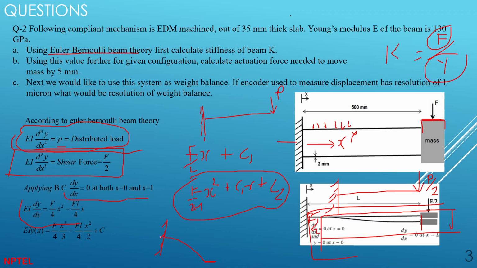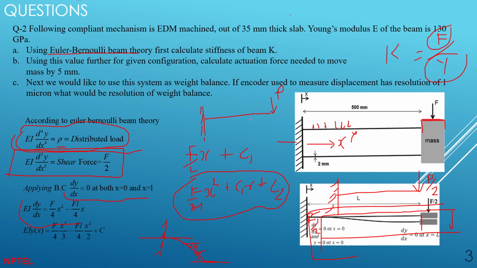If you see the deflection part, here the deflection is 0, and this is again a 0 deflection, right? But in the middle, deflection changes at every point. At the beginning it's 0. So this only applies for a compliant mechanism.